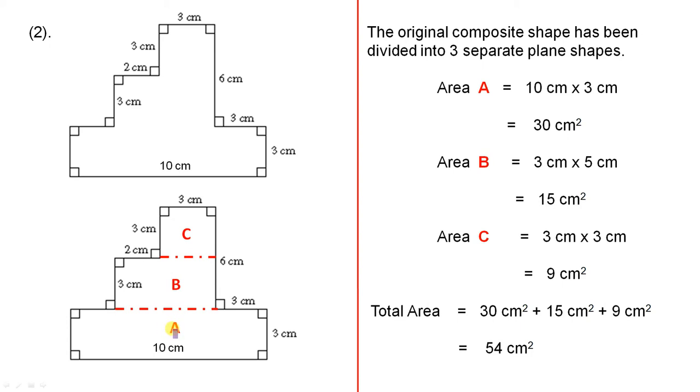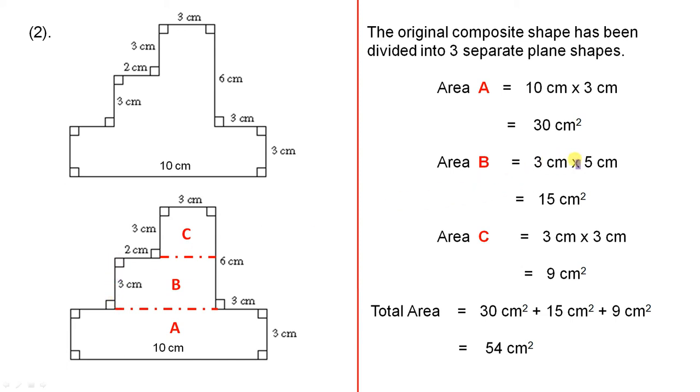Area A, which is this one, is 10 centimetres by 3 centimetres. That's 30 square centimetres. Area B, now if you look at area B carefully, you get that length there, which is 2 centimetres plus 3 centimetres. So that's 5 centimetres, and we're given that the height is 3.